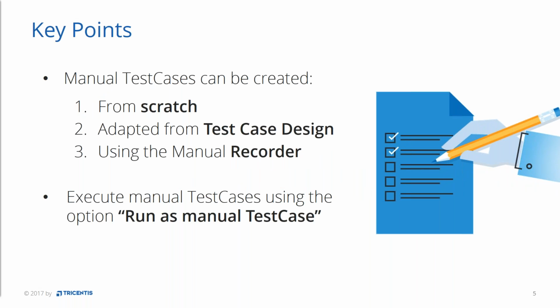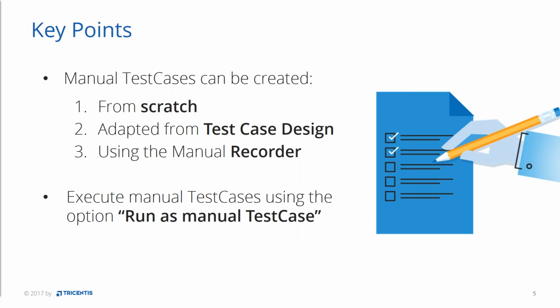Okay? So manual test cases, as I said, can be created from scratch, which I showed you, which is just creating a test case and populating it with manual test steps or test values. It can be adapted from test case design, which meant dragging instances from test case design to the test case section. That automatically creates manual test steps and test step values.